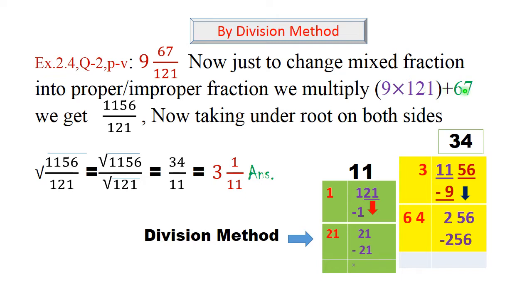We get 1156 over 121. Now taking square root on both sides, we get the answer 34 over 11, that is equal to 3 1 by 11.